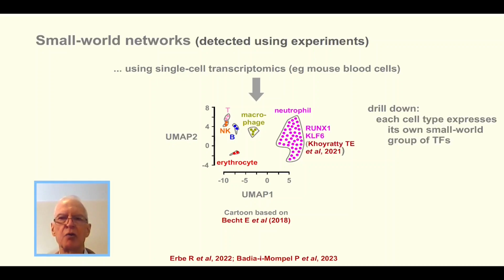If you drill down, you find that each type of cell has its own distinctive pattern of transcription factors. However, there is a continuum between the different cell types. It's this that we need to explain. And I'm going to call this continuum a blending, and you'll see why in a moment.